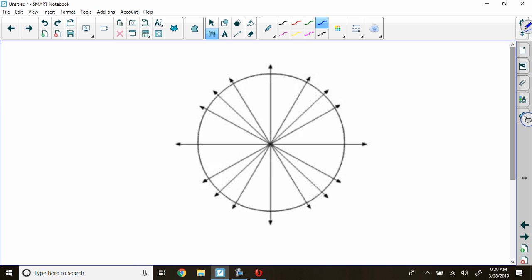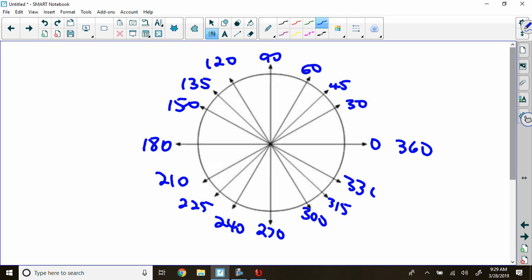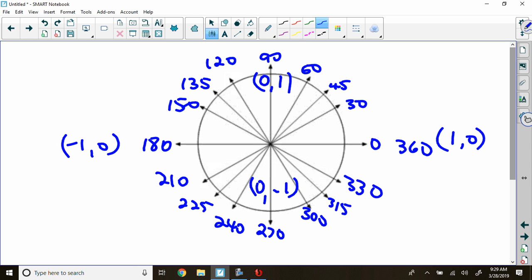In a minute and a half's time, I expect you to be able to go 0, 30, 45, 60, 90, 120, 135, 150, 180, 210, 225, 240, 270, 300, 315, 330, and the coordinates 1, 0, 0, 1, 0, negative 1, and negative 1, 0. I don't think that's out of reason, but that's coming in the very near future.